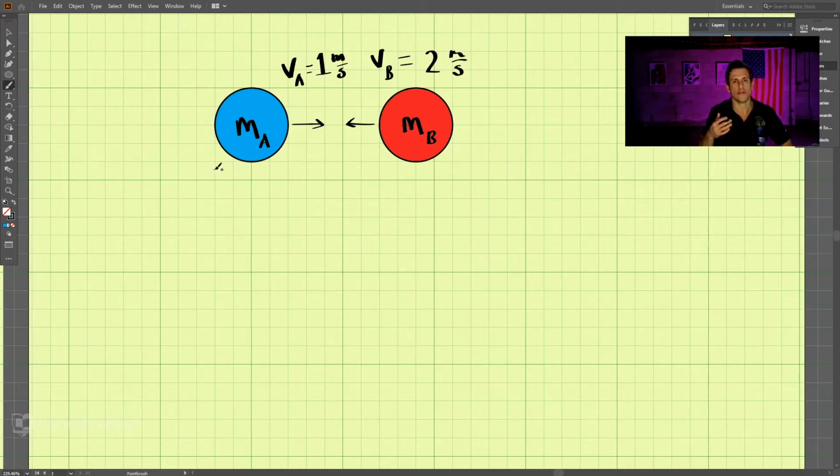So what we do for conservation of momentum, the left-hand side of the equation is prior to impact, and the right-hand side of the equation is after the impact.